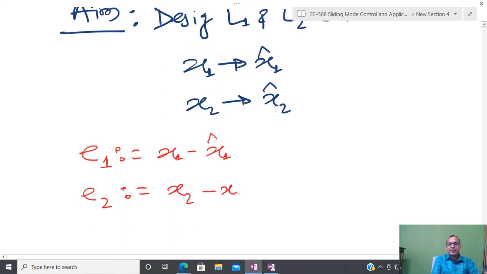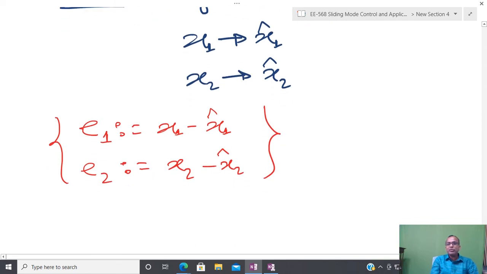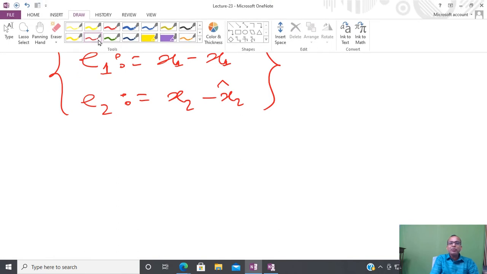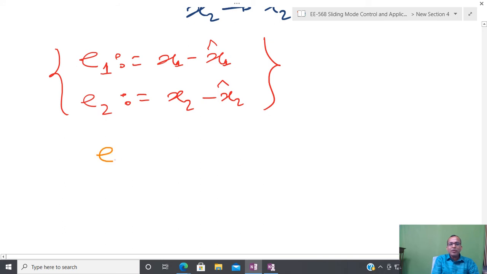And E2 is x2 minus x2 cap. Since x1 and x2 cap both change with respect to time, you are able to calculate their rate of change also. So I am going to talk about E1 dot, that is x1 dot minus x1 cap dot.